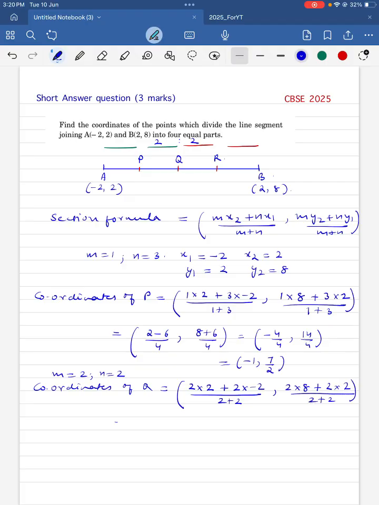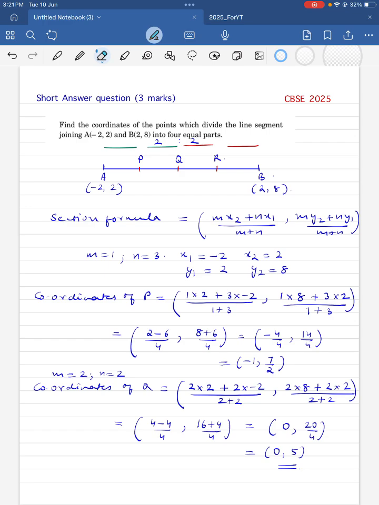Okay, so that is equal to (4 minus 4) by 4, comma (16 plus 4) divided by 4, which is equal to 0, comma 20 by 4, which is equal to (0, 5). Okay, so we have the coordinates of point Q as well. Now we need to find the coordinates of one more point, which is point R.